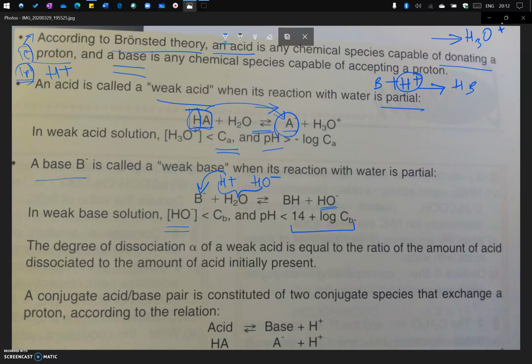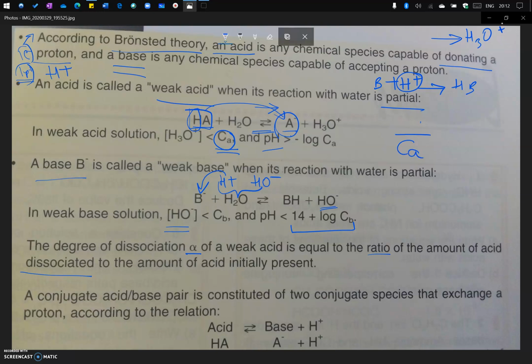It's less basic. The degree of dissociation alpha of a weak acid is equal to the ratio, the fraction, of the amount of acid dissociated to the amount of acid initially present. So, in this reaction, we had Ca, an initial concentration.